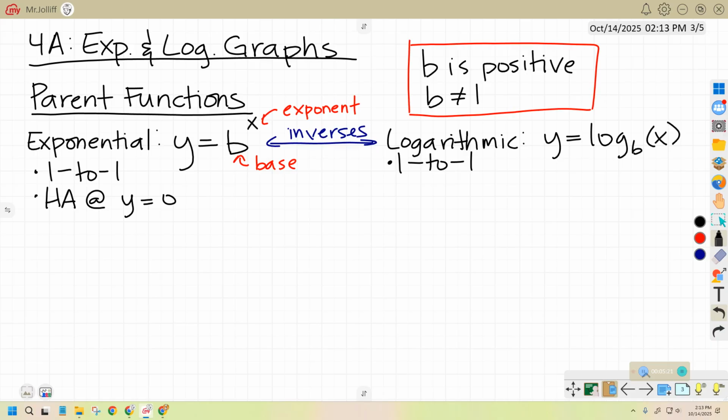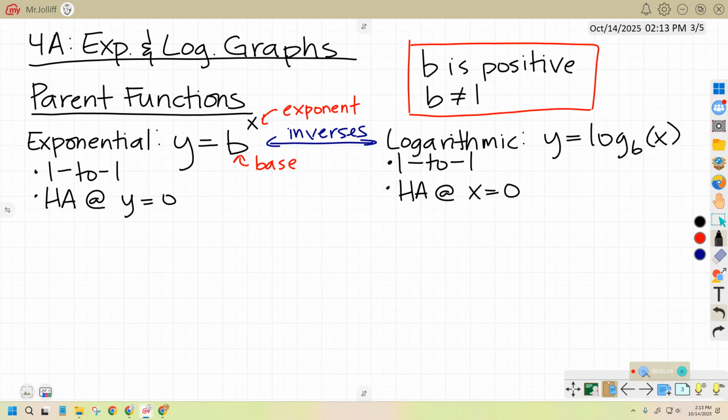If I come over to his inverse buddy, and I take the y-axis and the x-axis and I flip them, what type of asymptote is a log function going to have? I've taken y and x and I flipped them. X equals 0, yeah. And we should continue to see this pattern.